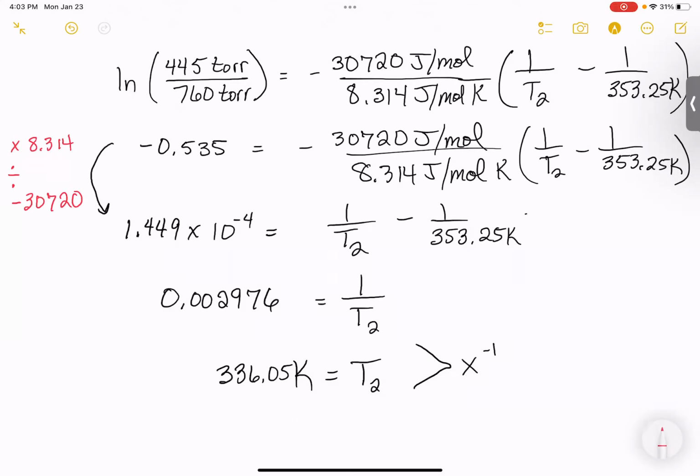And I did that. I mean, technically, the other way you could have done it, folks, is you could have solved this first and gotten a value and then divided the negative 0.535 by whatever that answer is. Both ways work.